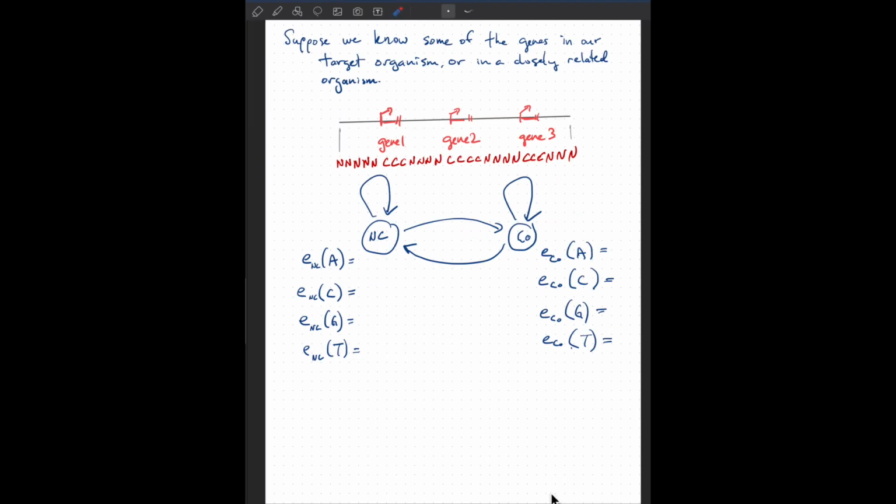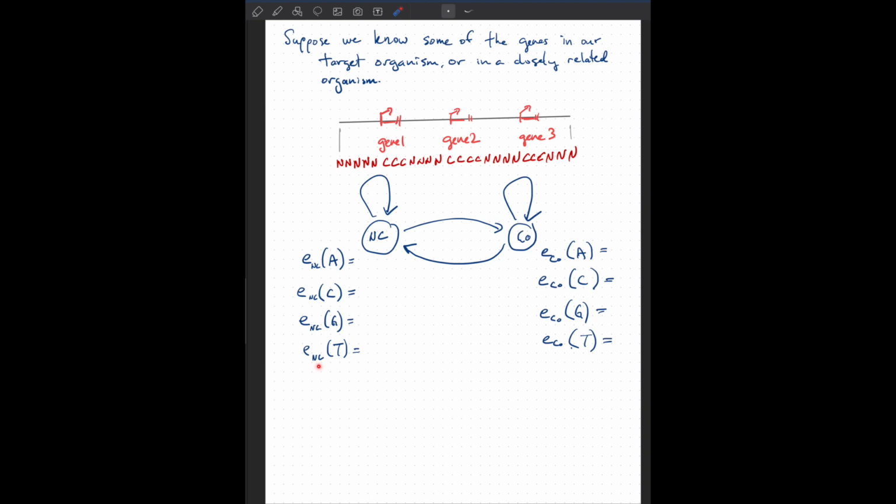So at each step, as we walk along the chromosome, we can think of emitting a nucleotide, an A, C, G, or T. And the same thing when we're in the coding region, we emit a nucleotide, A, C, G, or T. Now, what would those emission probabilities be? Would they be the same or not the same between non-coding and coding DNA?